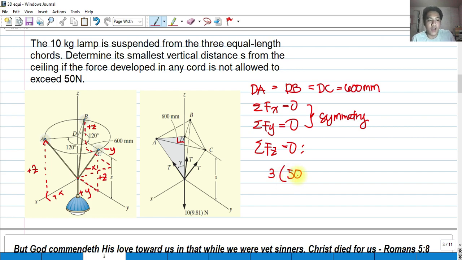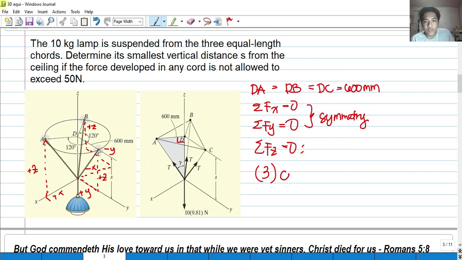So this would be 3 because all tensions are going upward: 50 cosine gamma for A, 50 cosine gamma for B, plus 50 cosine gamma for C. So we make it times 3, because they are all going upward, which indicates positive.